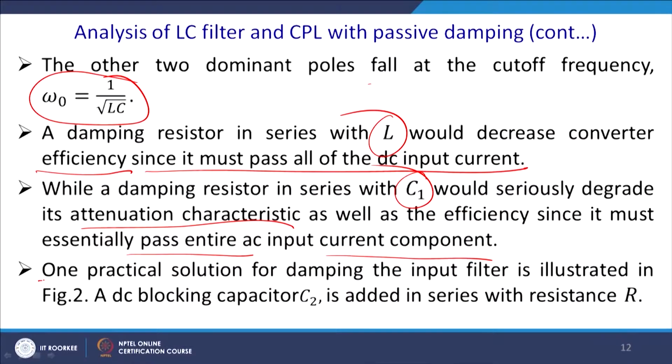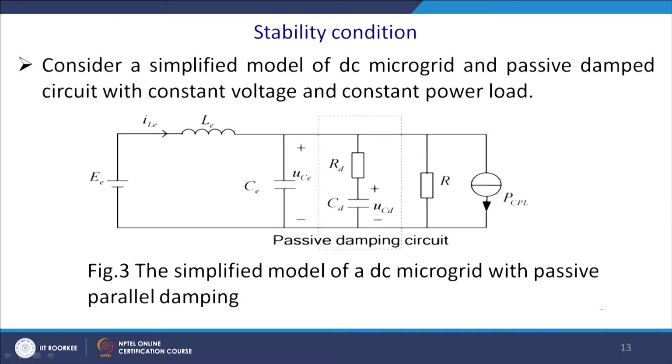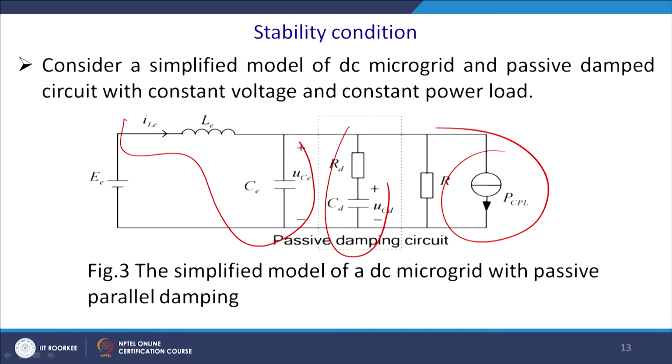And for this reason, what do we do? We add one practical solution for damping for the input filter, as illustrated in figure 2. The DC block capacitor C2 is added in series with the resistance R. So, consider a simplified model of the DC microgrid and the passive damped circuit with the constant voltage source and constant power load, that is the CPL, and this is the filter part of it.